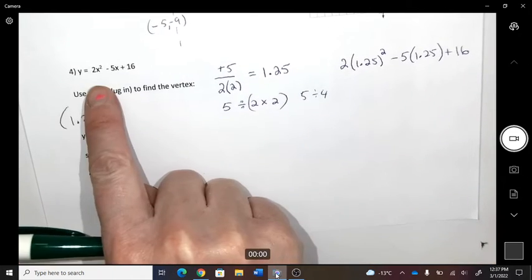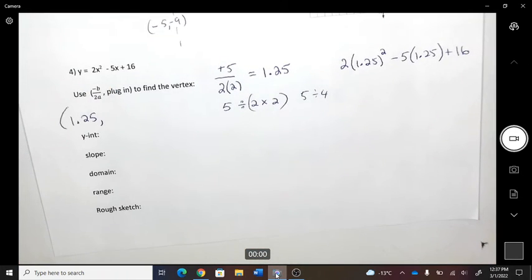So replace x with 1.25. And then you should get some kind of decimal, and that's fine.